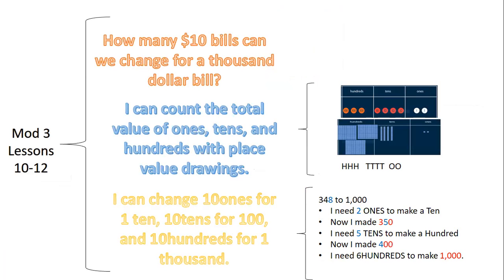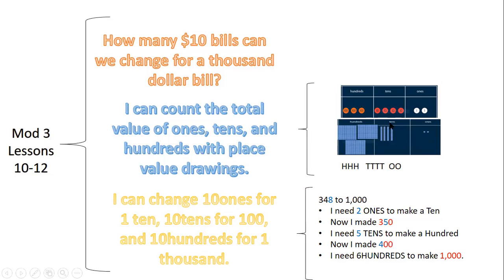Lesson 11 is I can count the total value of ones, tens, and hundreds with place value drawings. And I gave you samples. We have used discs: hundreds discs, 10 discs, ones discs. This says 342.